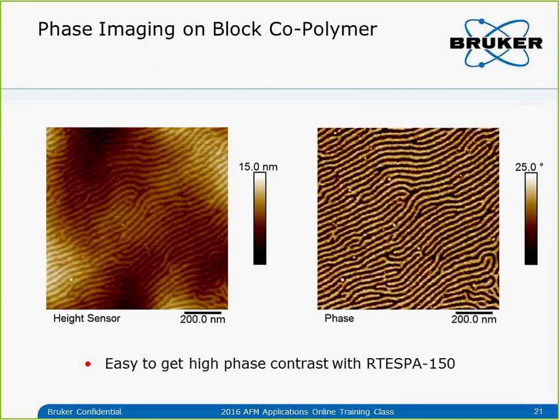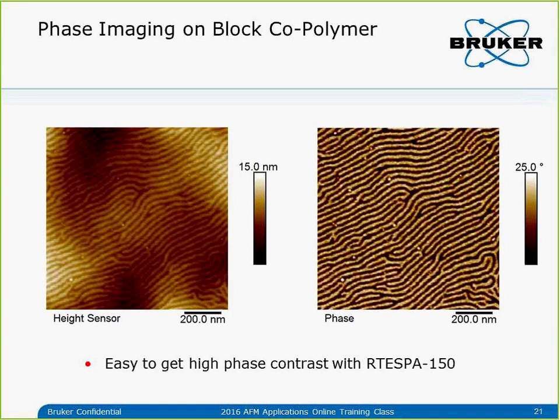And here I'll show you a good example. This is a block copolymer. In this case, I need to use the RTESPA-150, and it's very easy. I can just set up the tapping mode, and I can get a very nice phase contrast in this block copolymer. I can also try to use the RTESPA-300, but I tried, and it will be much more difficult.